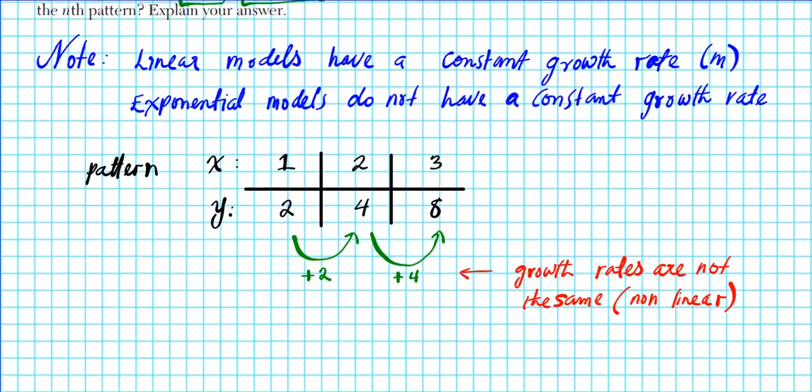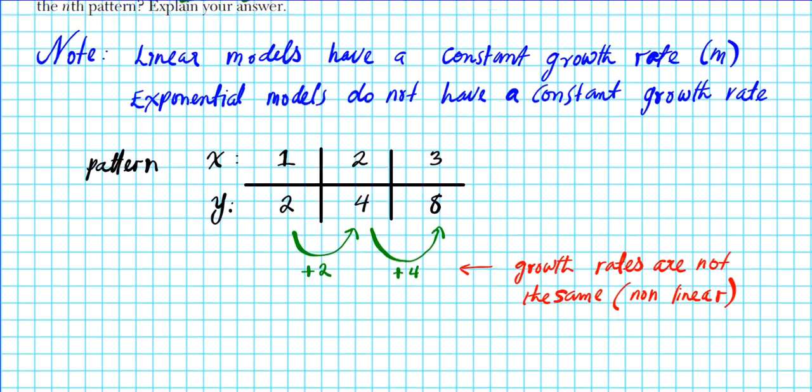Now, let's start with our justification. Okay, so from the results we have here, we know that the growth rate is not linear, so we're going to be using exponential. We have to include that in our explanation.